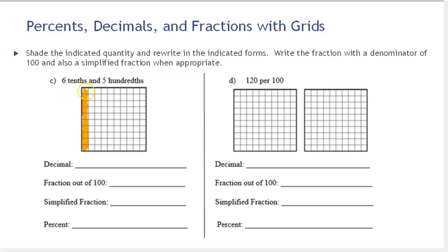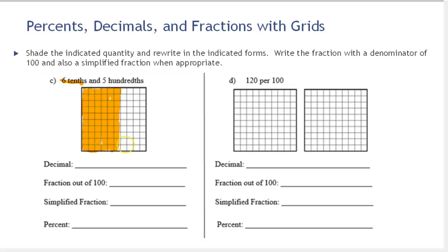Notice it's also equivalent to 10 100ths. So I'm going to shade 3, 4, 5, 6. So the 6/10 is shaded orange.